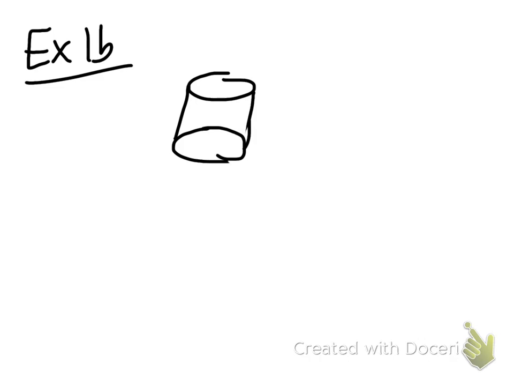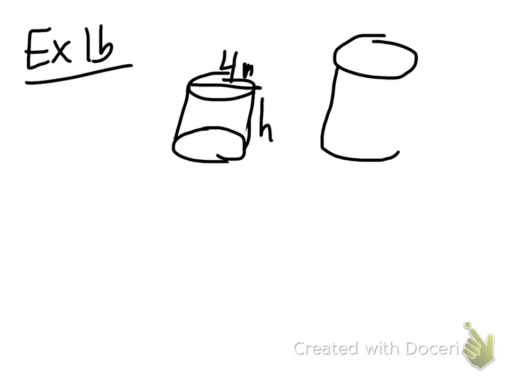The small cylinder here, we have a diameter of 4 meters, height of h. We have another cylinder, the height of 11 meters, and a diameter of 5 meters.